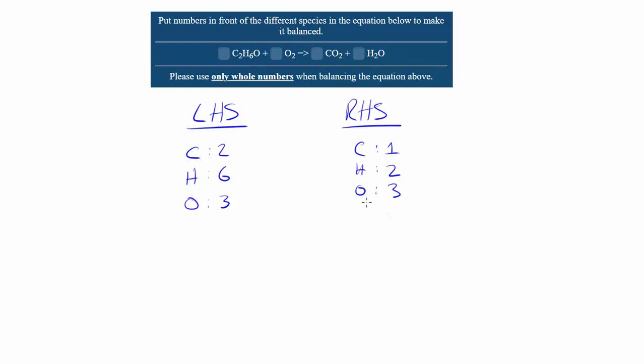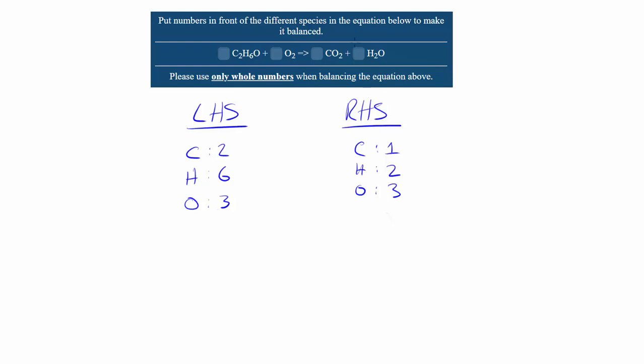Now, if we compare the left-hand side and the right-hand side, what can we see? We can see that in some sense it seems as though the oxygens are balanced, but everything else isn't, right? And we've got to ask ourselves, how can we go about fixing that? One of the first things I'm going to do is try and balance the carbon first.